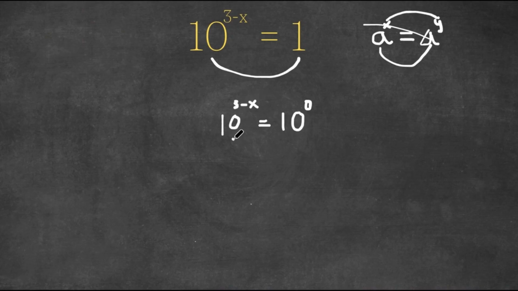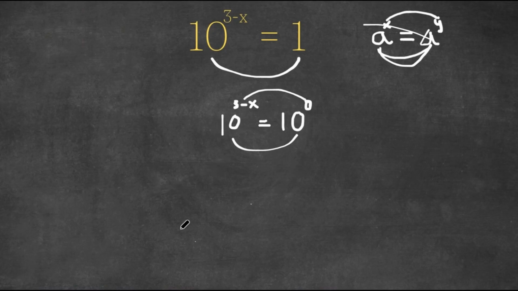Now notice how these two bases are the same, just like this one. Think of 3 minus x as x and the 0 as y. Because these two bases are the same, these two exponents are the same as well.